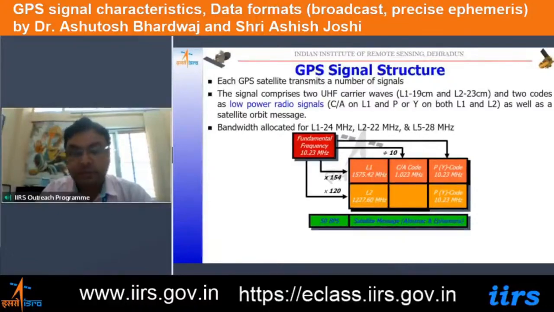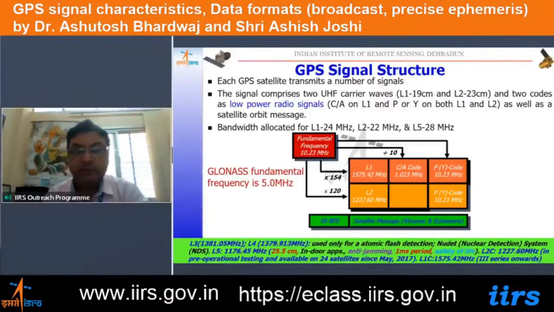As we have discussed in the previous lectures, the basic signal structure of Navstar GPS includes the coarse acquisition code and the P code. Two types of codes are used, out of which the P code is modulated on both the L1 and L2 carrier waves, so that the unnecessary corrections can be done for the authorized receivers, whereas for civilian purposes, the CA code, coarse acquisition code, is there, and this we have already discussed.